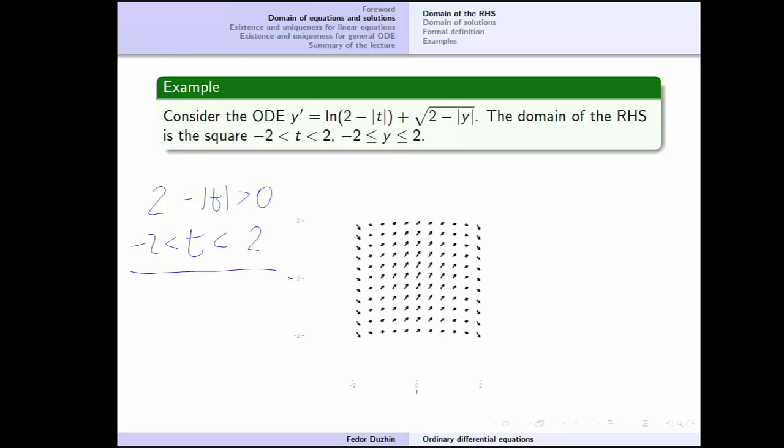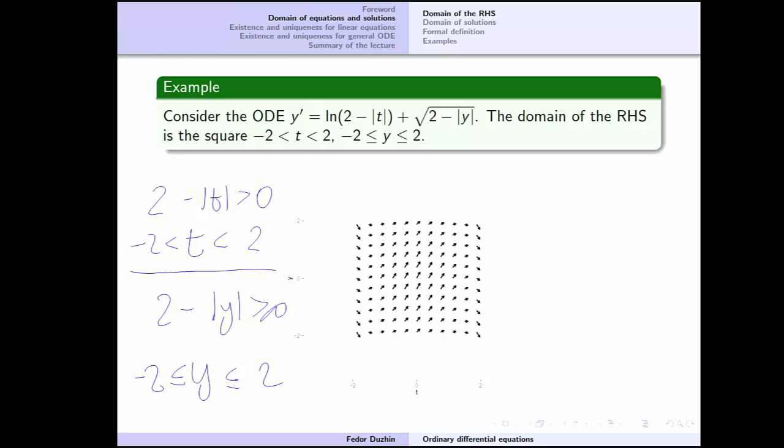And at the same time, the expression in this square root must be non-negative, so 2 minus the absolute value of y must be bigger than or equal to 0, which means that y is between also minus 2 and 2, but now including minus 2 and 2.